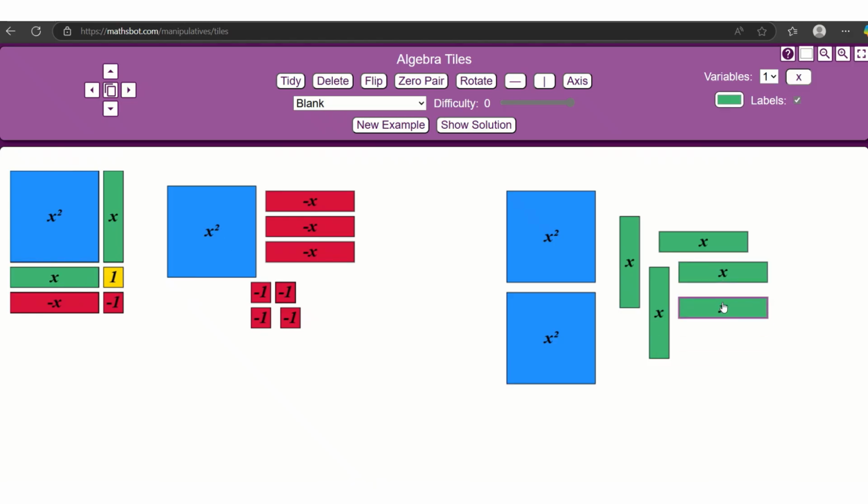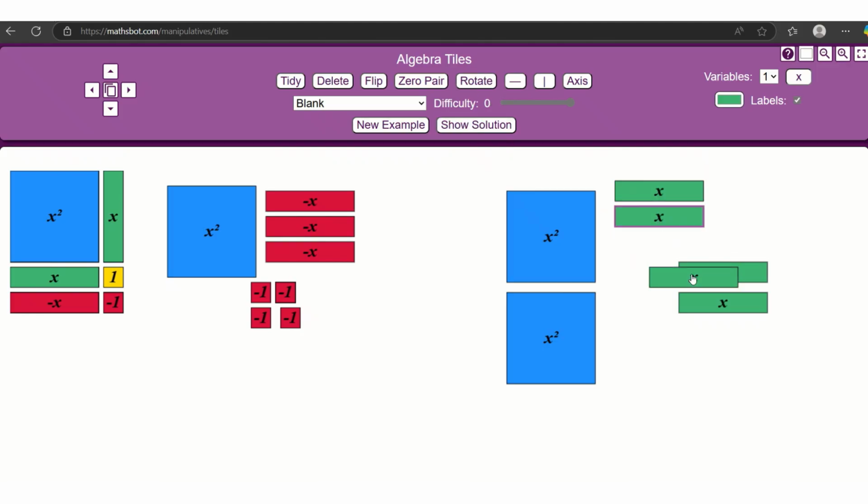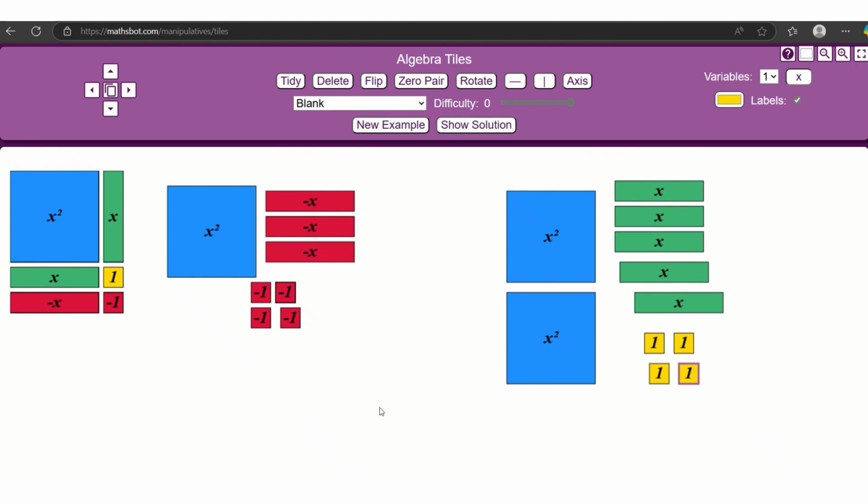So we want plus 5x, and I believe we can just rotate them, so that way they're all facing the same way. Okay, and plus 4. And of course we're using the positives. Negatives are represented by the reds, and whatever's colored is positive.